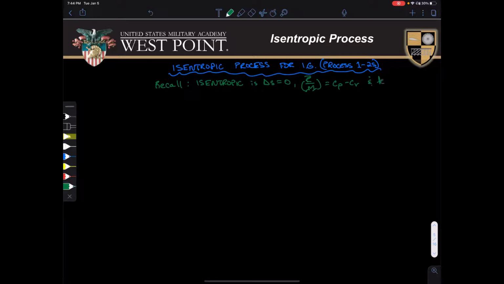And we can also use our k, which is the ratio of specific heats, constant pressure to constant volume. This comes from equation 1.58 and equation 1.59 in your text.